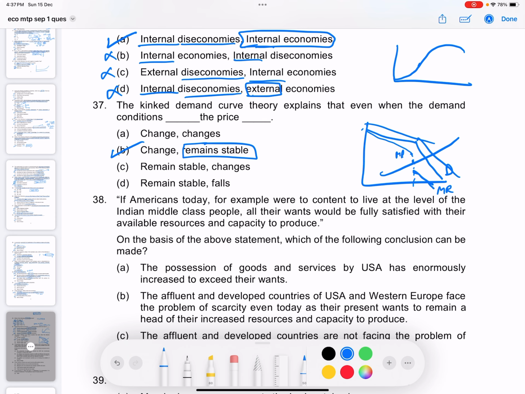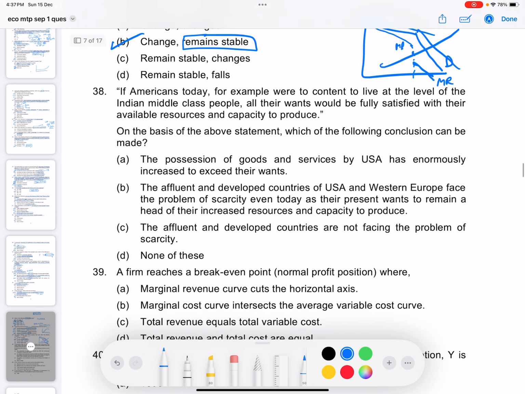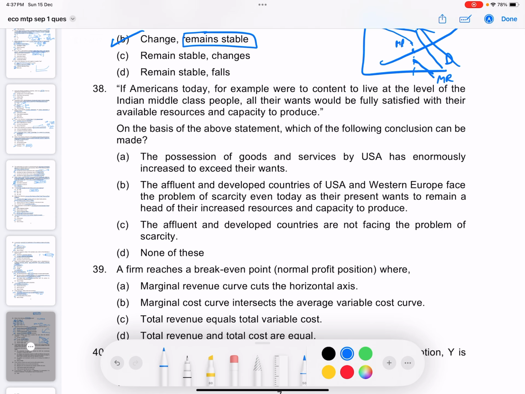अब इसमें वो लॉजिक नहीं लगा. हाँ ठीक है, ये सही. If Americans today, for example, were to content to live at the level of the Indian middle class people, all their wants would be fully satisfied with their available resources and capacity to produce. So basically, Americans are demanding more. So the following conclusion can be made: the possession of goods and services by US to exceed their wants.